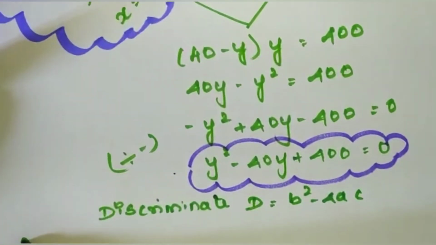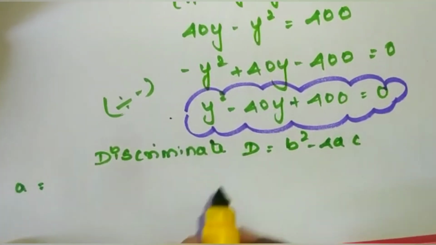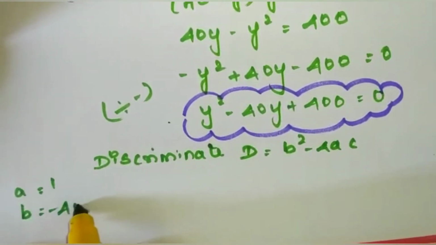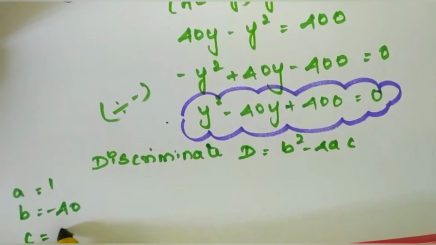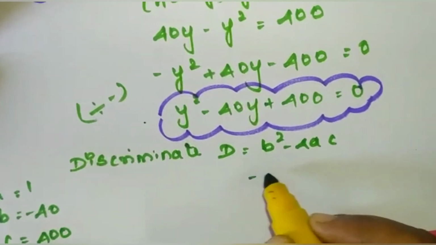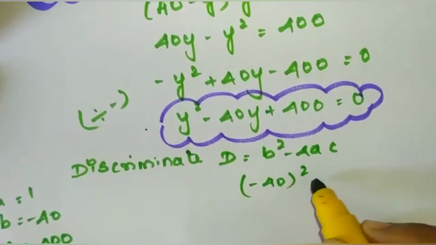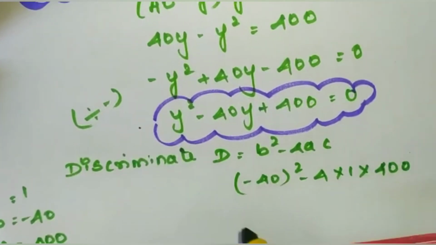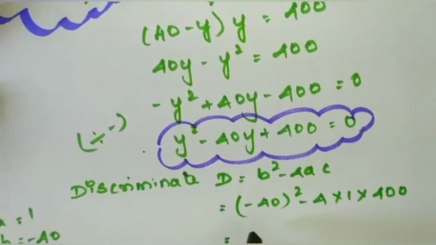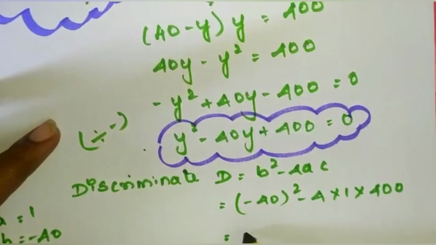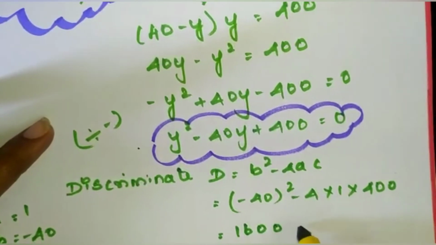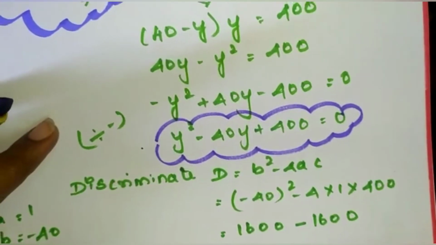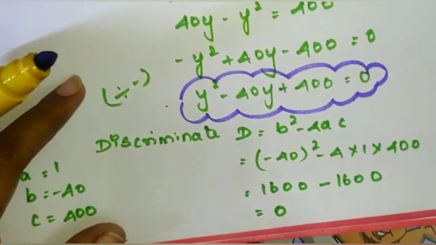The value of a is 1, the value of b is minus 40 and the value of c is 400. So (minus 40) the whole square minus 4 into 1 into 400. If you square this, what will you get? 1600 minus 1600, that is equal to 0. You got D equal to 0.